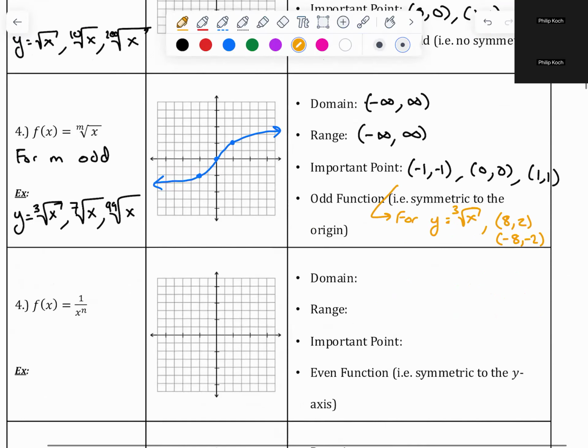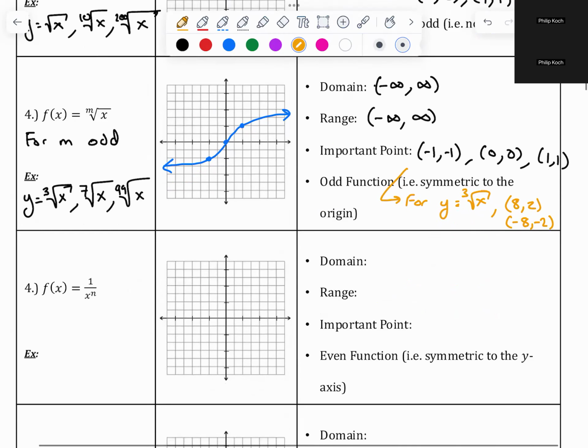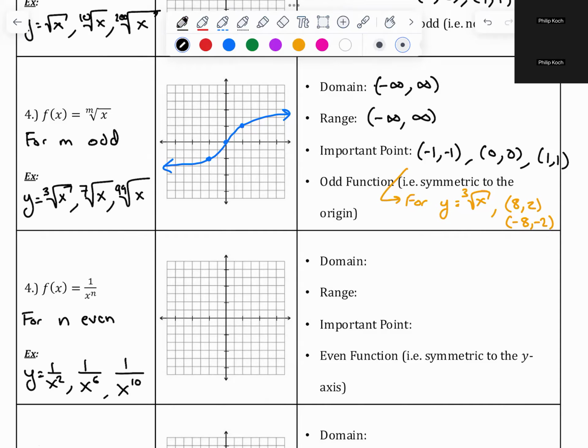Understanding those first two. F of x equals 1 over x to the n, for n even. So we're thinking things like y equals 1 over x squared, 1 over x to the 6th, or maybe 1 over x to the 100th. Those curves, we haven't talked about them yet.